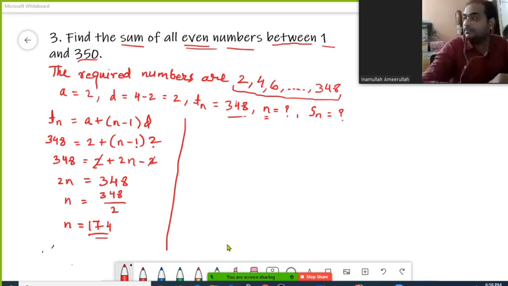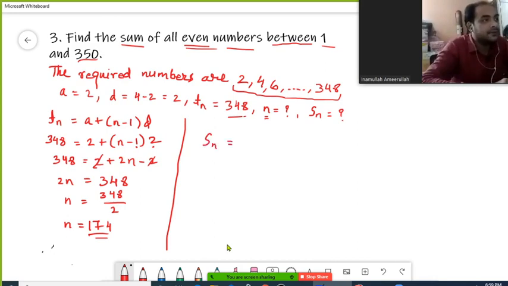If the first term, common difference, and number of terms are known, you can use n by 2 into bracket 2a plus n minus 1 into d. And if the first and last term and number of terms are known, we can use another formula, that is Sn equals n by 2 into bracket first term plus last term of the arithmetic progression. So this formula can be used for this question.